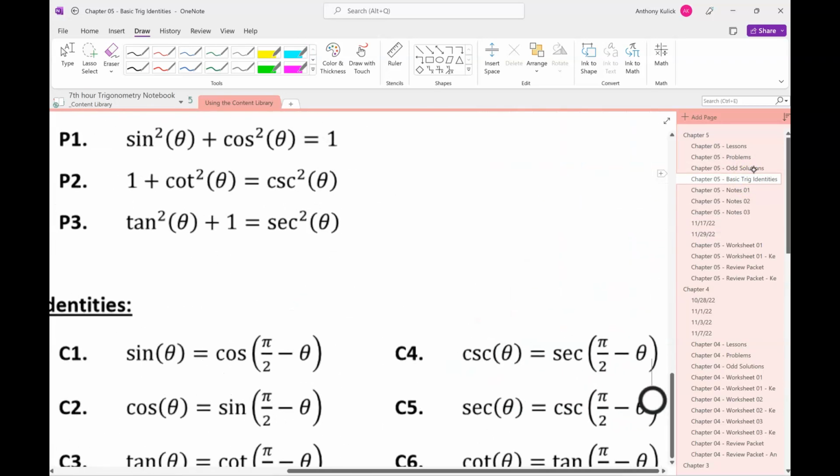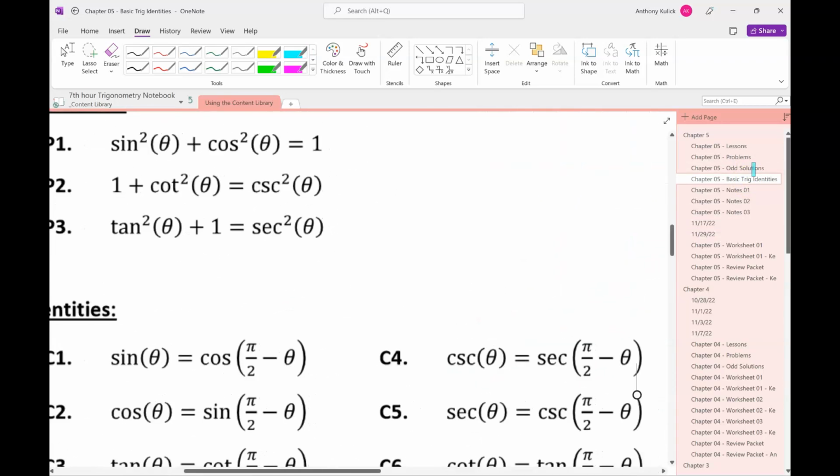Oh boy. P3 looks nice because I can replace that secant squared with tangent squared + 1.